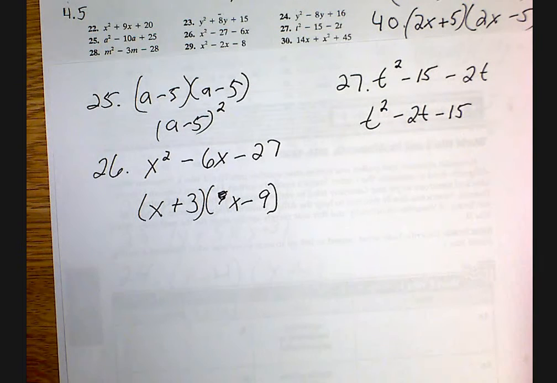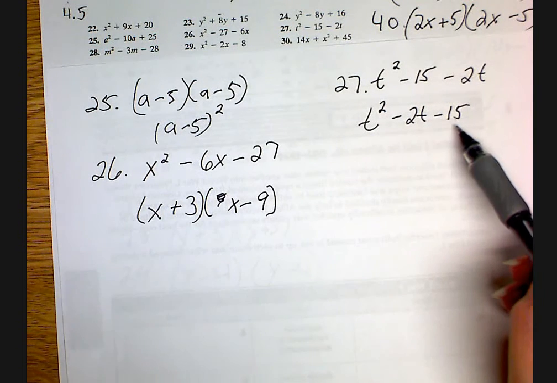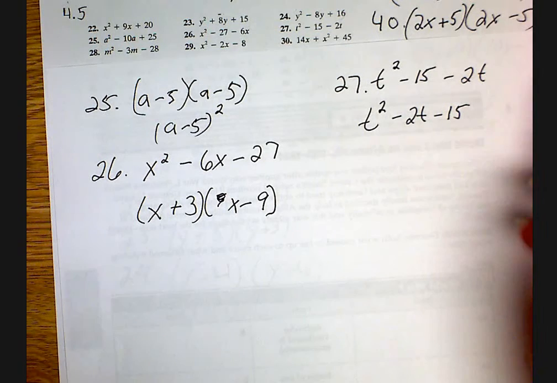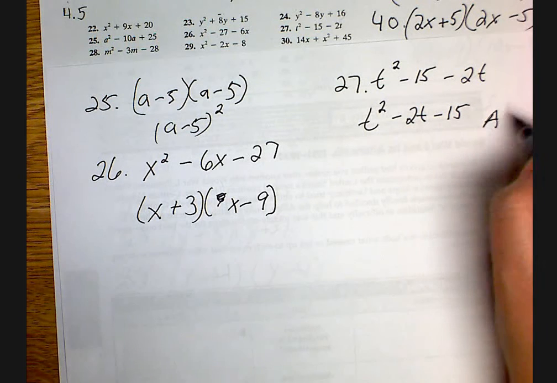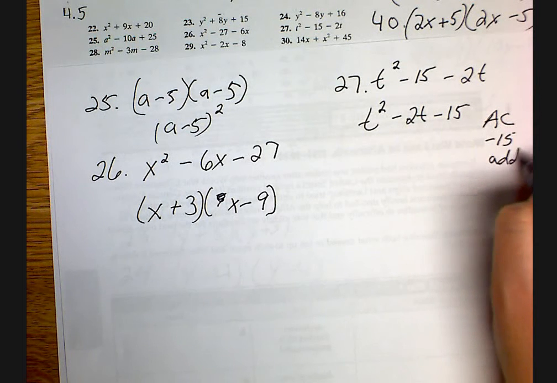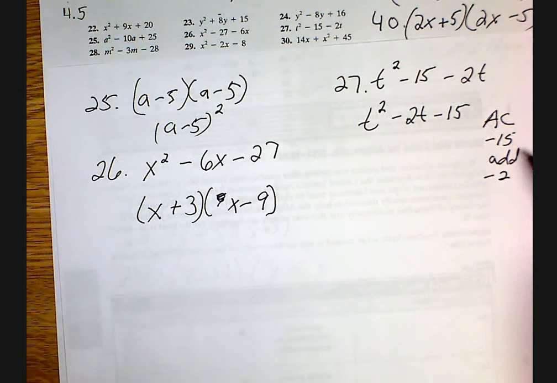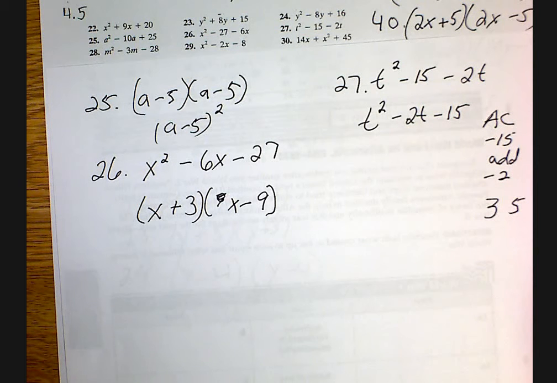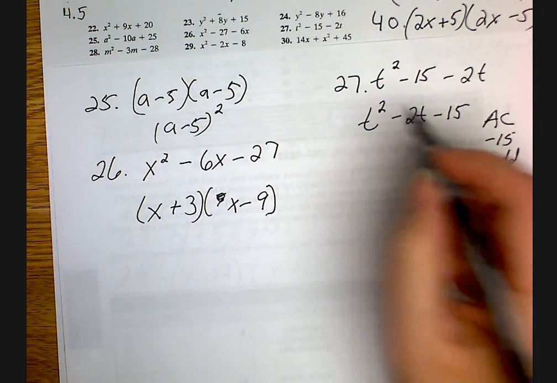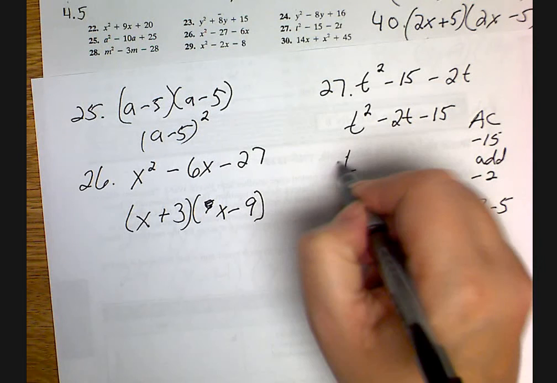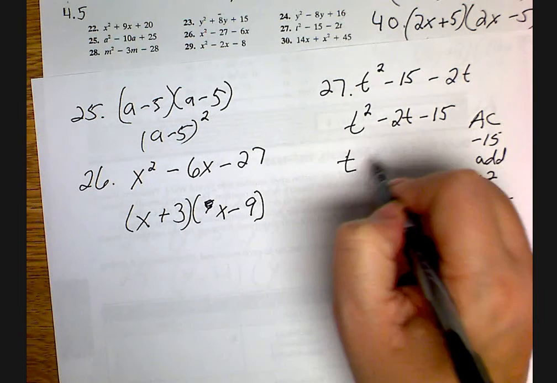We're looking for two numbers that multiply together to give me negative 15, that when I add them give me negative 2. So what two numbers could that be? 3 and 5. And which one's going to be the negative? Negative 5. So the answer then would be t plus 3 and t minus 5. Very good.